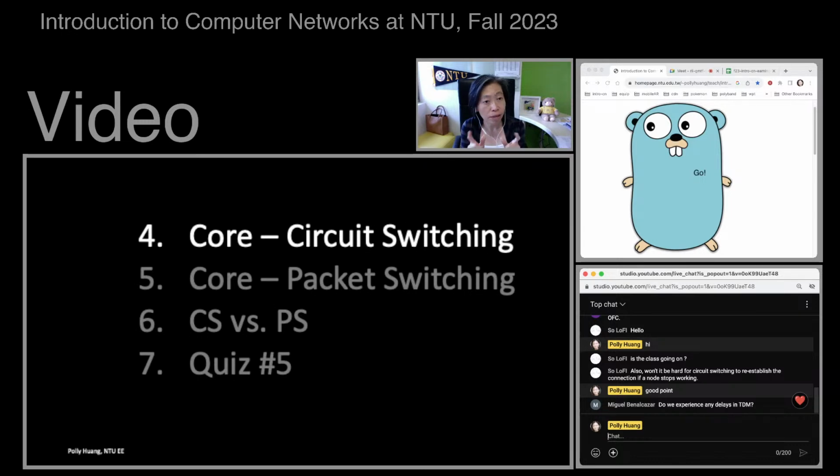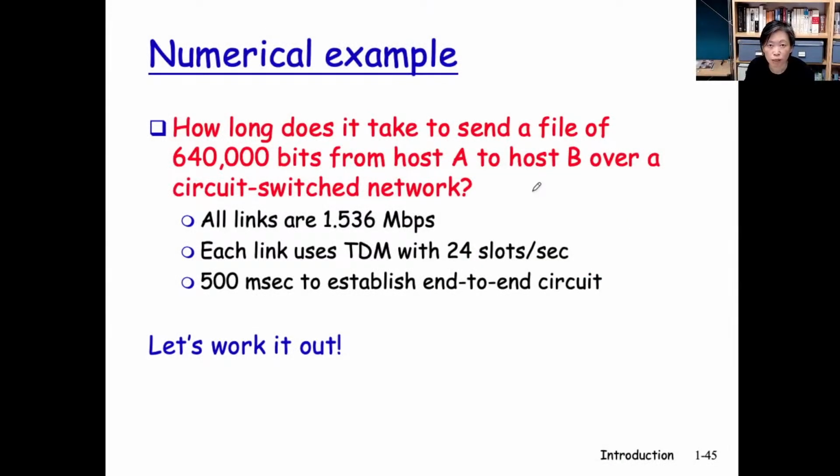Okay, let's go through a quantitative example, so that it's a little bit clearer how you assess the delays. This video is just the starting part of the example, so it's about a minute. To make sure you pick up circuit switching and how it works, let's see if we can work out this problem together.